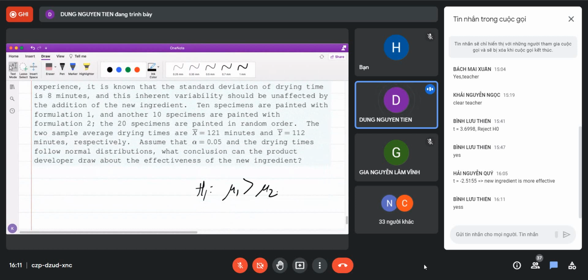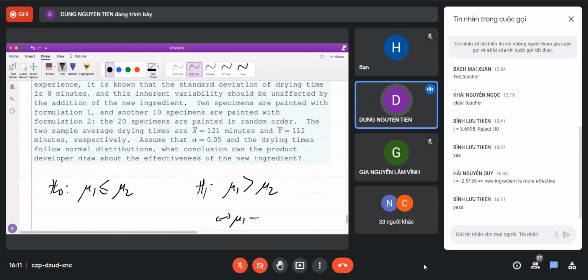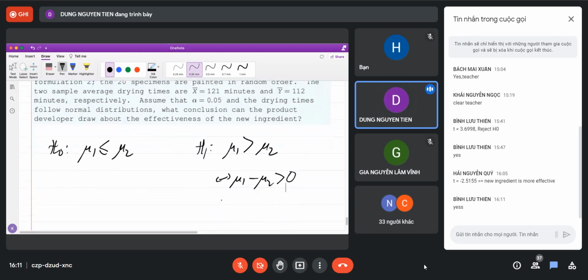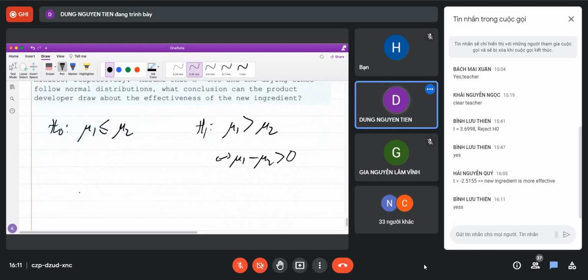Adding the ingredient will reduce the drying time. H0 is that mu1 is less than or equal to mu2, or let's say mu1 minus mu2 is positive. Then you need to find the standard error, which is the square root of sigma 1 squared over n1 plus sigma 2 squared over n2.